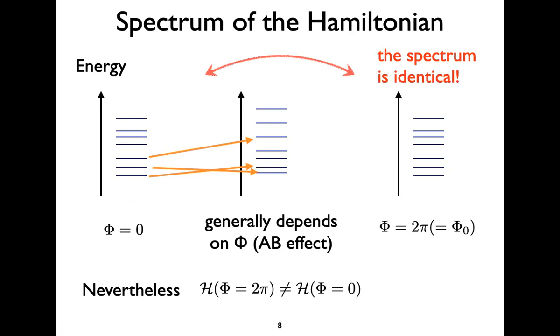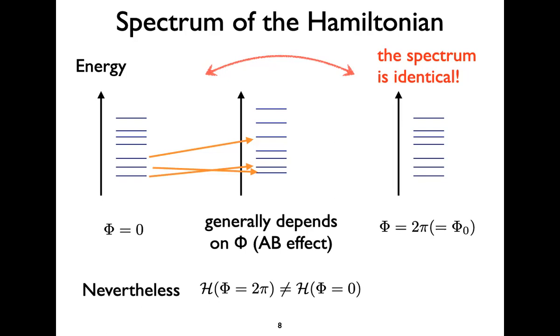Then it's often useful to consider adiabatic change of the Hamiltonian and the spectrum, and also adiabatic evolution of the states, by changing this Aharonov-Bohm flux from 0 to, let's say, 2 pi. Of course, in quantum mechanics, because of the Aharonov-Bohm effect, even though this magnetic flux does not touch particles directly, the particle motions are affected by this flux, which means, for example, that the spectrum of the Hamiltonian also depends on this flux.